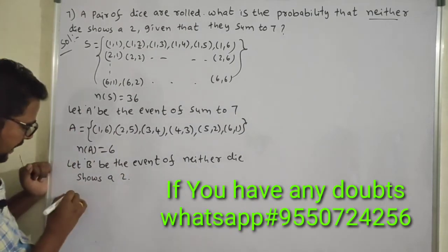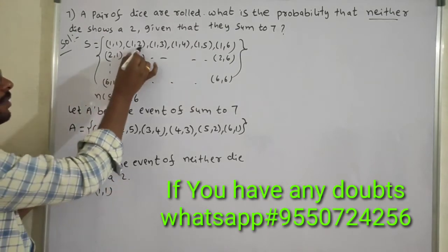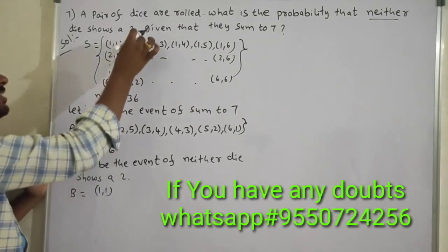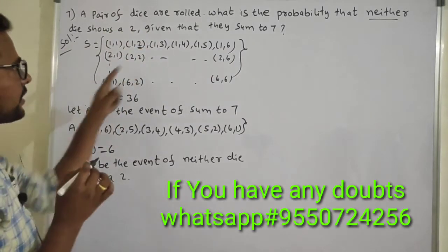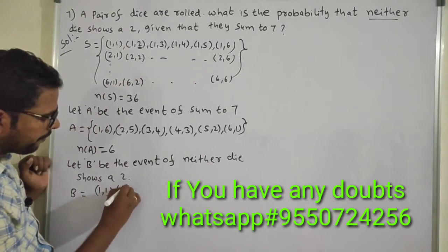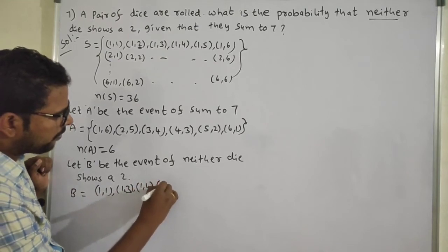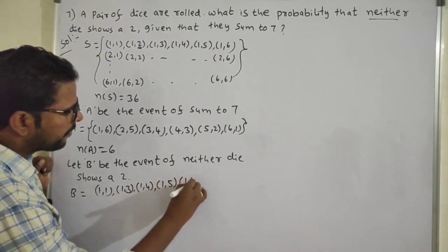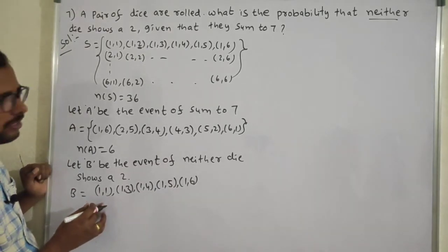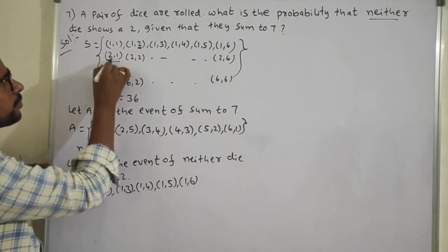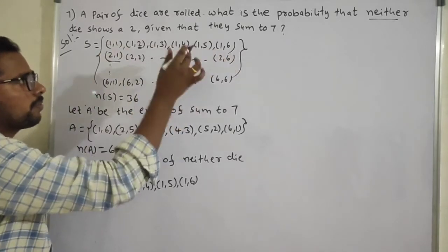So here B is equal to 1 1, and here 1 2, so we have a 2 here. Don't take this result because it shows 2. Okay? Next 1 3, next 1 4, 1 5, 1 6. Next 2 1, don't take 2 1, 2 2, 2 3, 2 4, 2 5, 2 6, because these results show 2. Don't take this whole row.